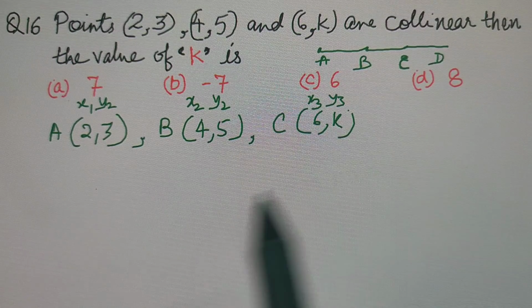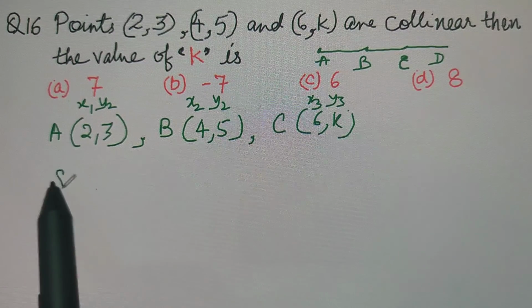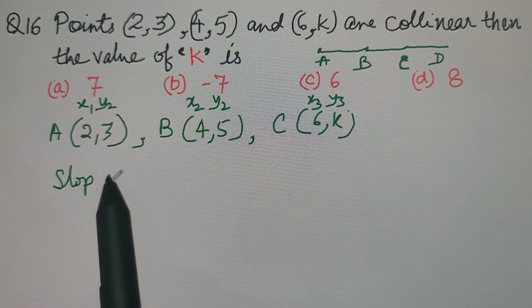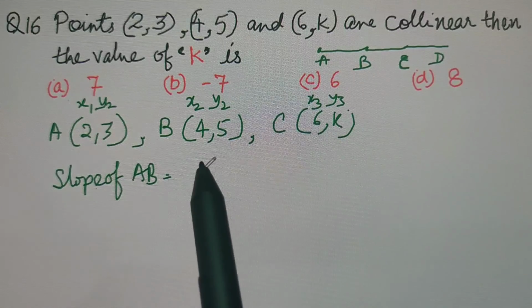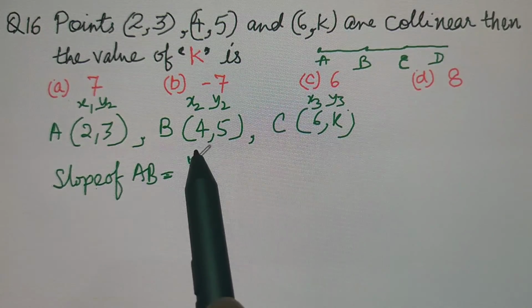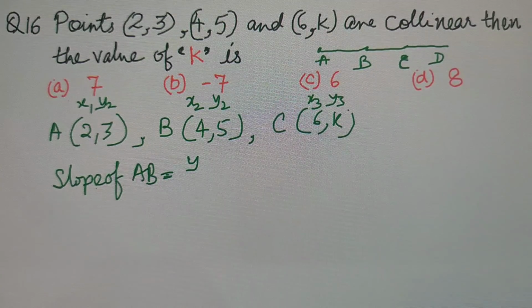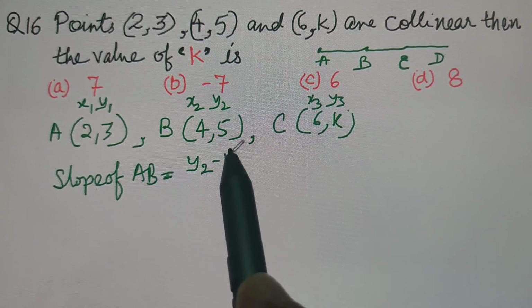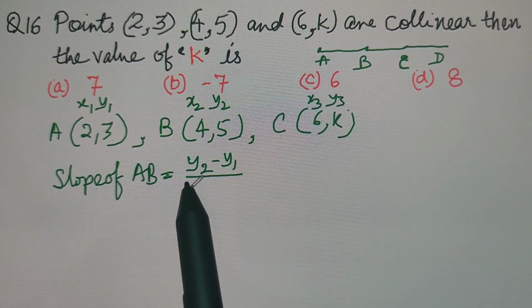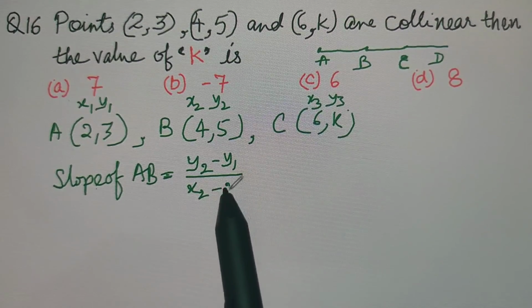Okay, fine. Now we are considering the slope of AB, the formula being y2 minus y1 upon x2 minus x1.